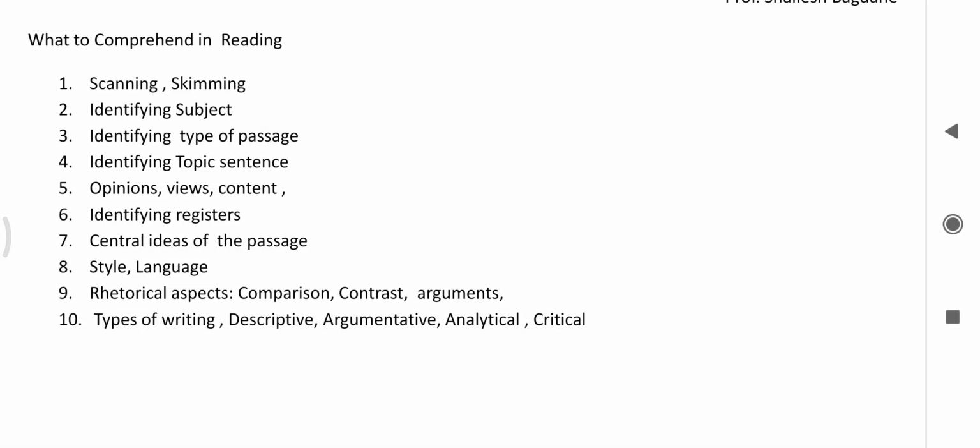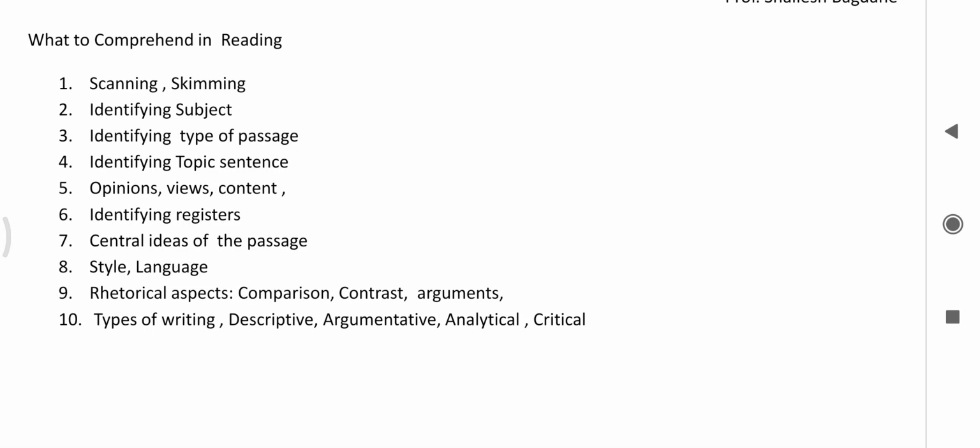Central ideas of the passage. What are the ideas? Are they many? Generally, a paragraph may contain one idea. A passage may contain more paragraphs, if it is discussing more than one point.